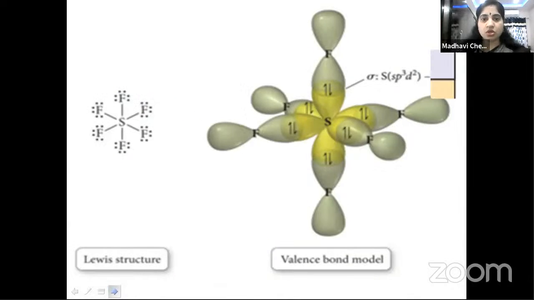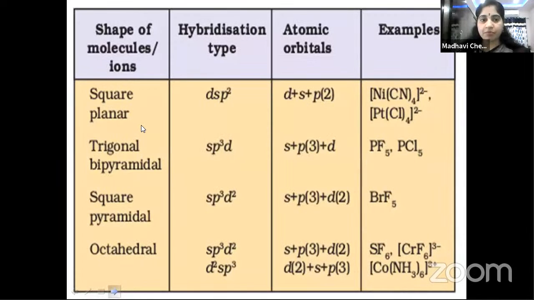Now coming to some other examples of hybridization in which the d orbital is also involved. Square planar, dsp2 hybridization. If a central atom undergoes dsp2 hybridization, then it acquires a square planar structure. What is dsp2 hybridization? When one d orbital, one s orbital and two p orbitals undergo hybridization, they form dsp2 hybrid orbitals.